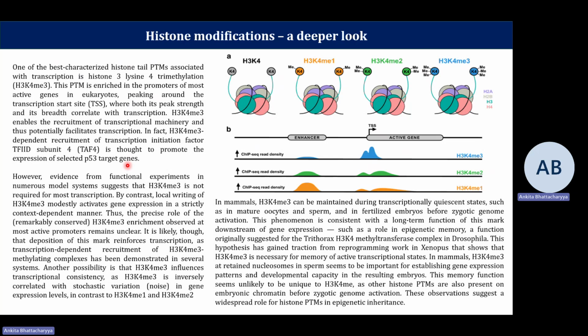And in mammals, H3K4me3 at retained nucleosomes within the sperm seems to be important for establishing gene expression patterns and developmental capacity in the resulting embryos. So it is retained in certain nucleosomes within the sperm, and that helps in establishing gene expression patterns in the eventually formed embryo.